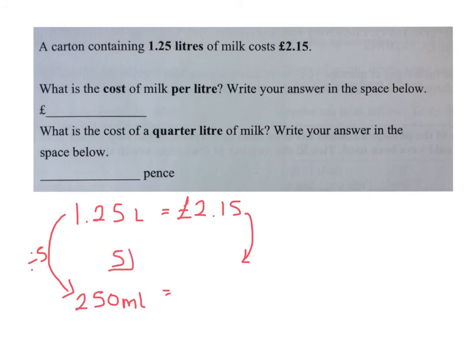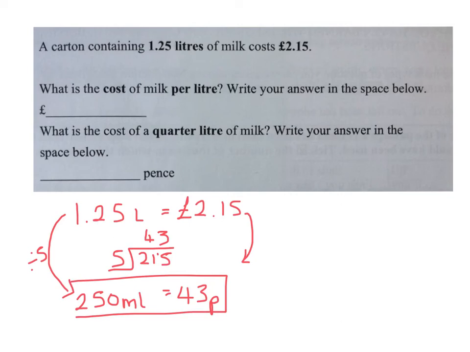So 5 into 215. 5 into 21 goes 4 times and 1 over. 5 into 15 goes 3 times. So 250 millilitres will cost me 43p. I need to work out the cost of a litre, so all I've got to do is times it by 4, because 250 millilitres is 1/4.